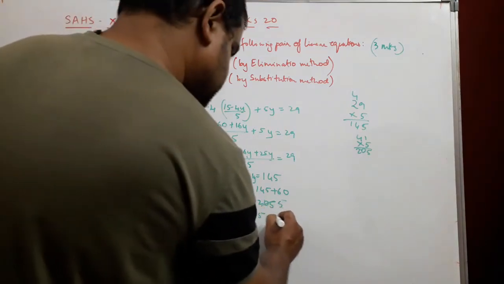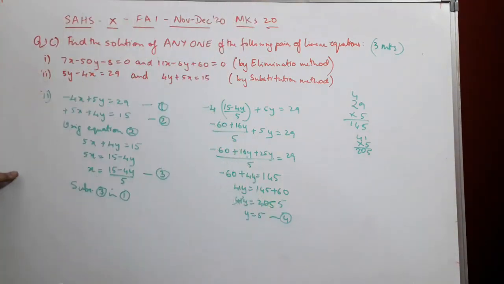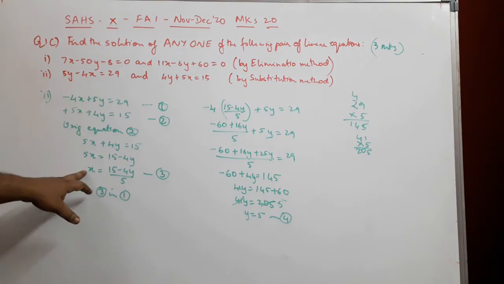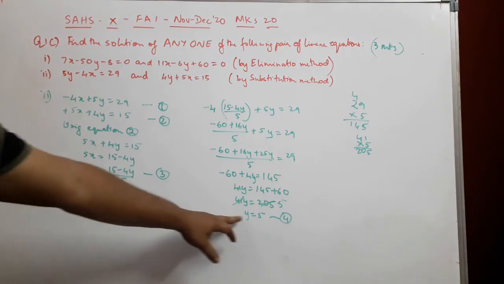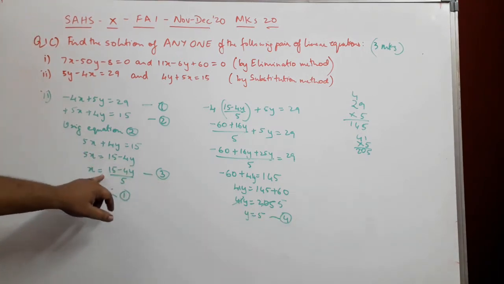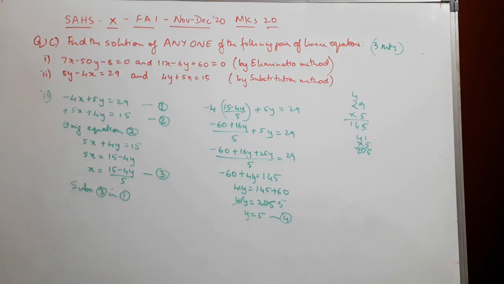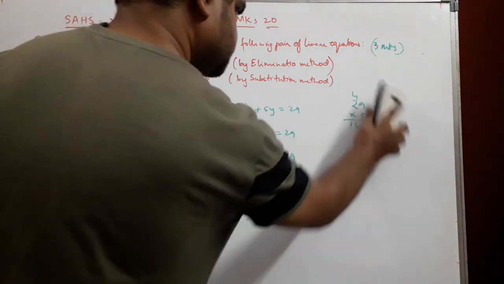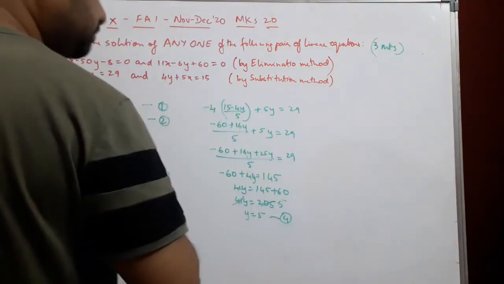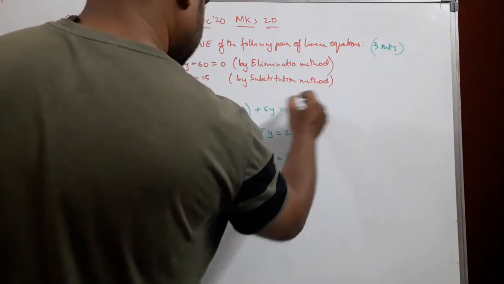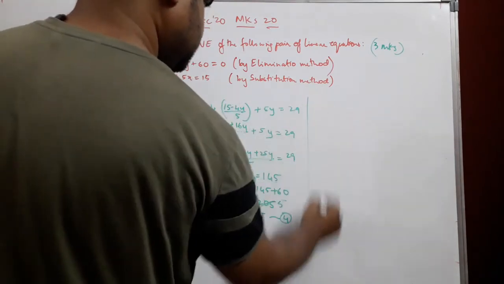We can mark this as 4, and now we can substitute it in place. Put whatever we got in 4 into 1 to get the value of x. We'll do that here. Mark this here.